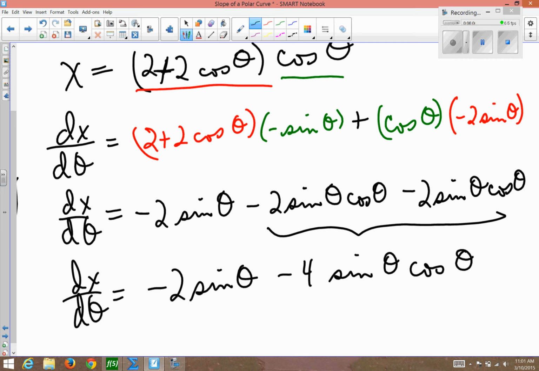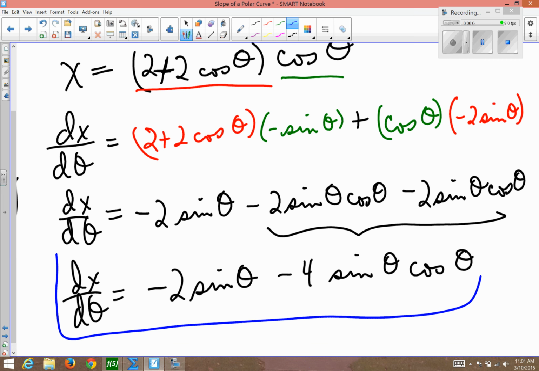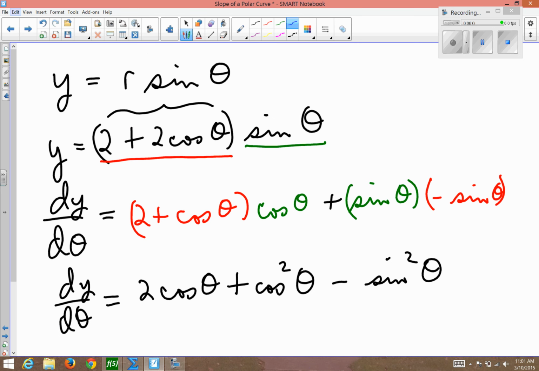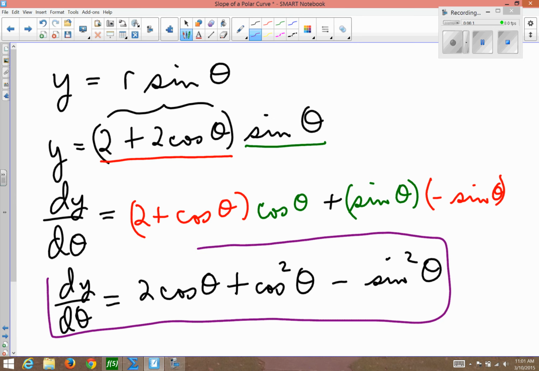So why did we find dx d theta? And why did we find dy d theta? The answer is the original question on the slope of the curve, the slope of the cardioid. The slope of any curve is always dy dx.